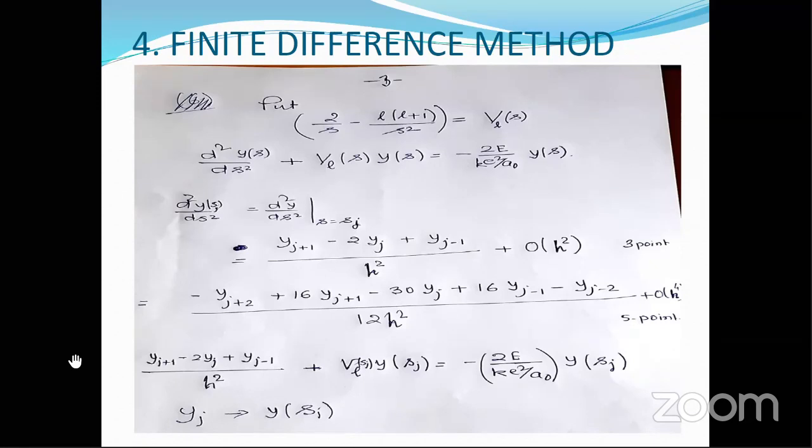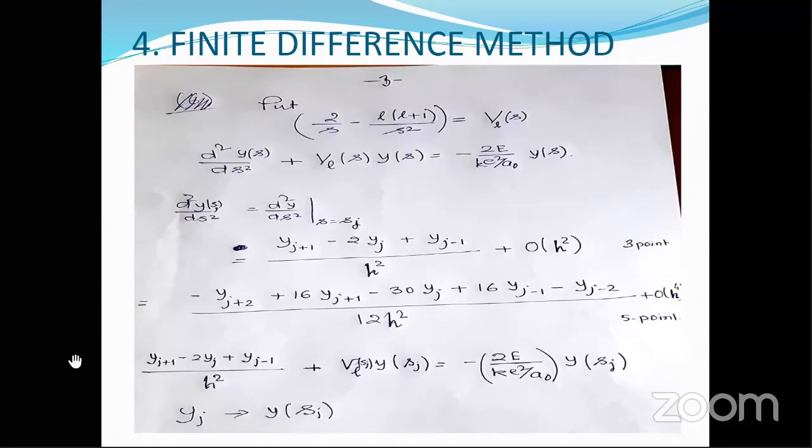Because ours is a one electron system, as emphasized in the last class, it is the hydrogen atom that we are considering. So the electron is not at the nucleus, which means y0 should be 0, because y is a substitute of psi times r, which is your probability amplitude. So the probability amplitude of finding the electron close to the nucleus is 0. Also, the probability amplitude of finding the electron very far away from the nucleus, where n I may take very large, is 0.